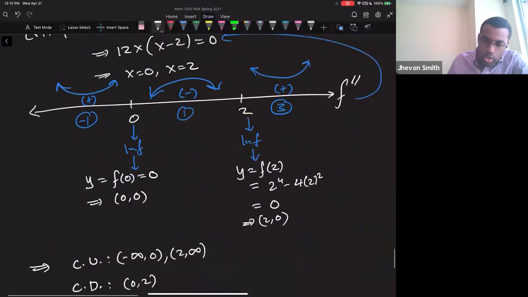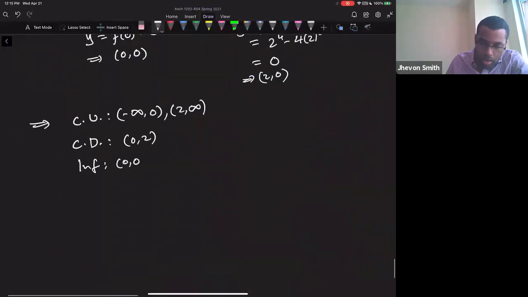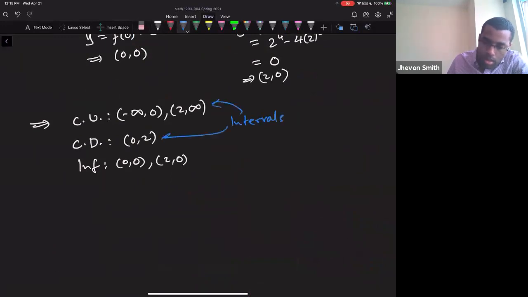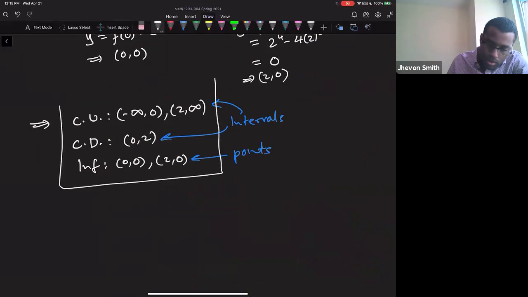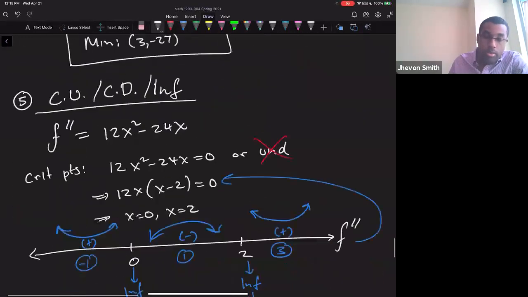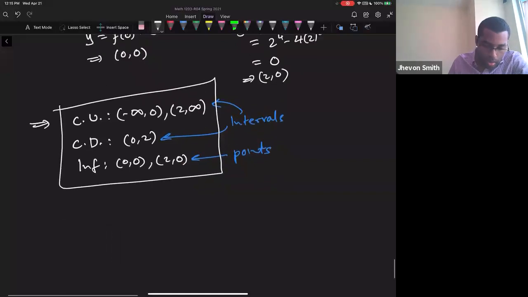And we have inflection points at 0, 0 and 2, 0. So now remember, these are intervals. And these are points. That was step 5. And this brings us to 6, where we're going to graph.